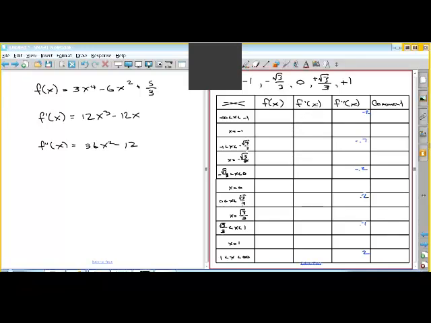Okay, now let's put a little comment about what these are. So -1 was a critical number, and 0 was a critical number, and +1 was a critical number. Okay, and this is the possible point of inflection and the possible point of inflection.